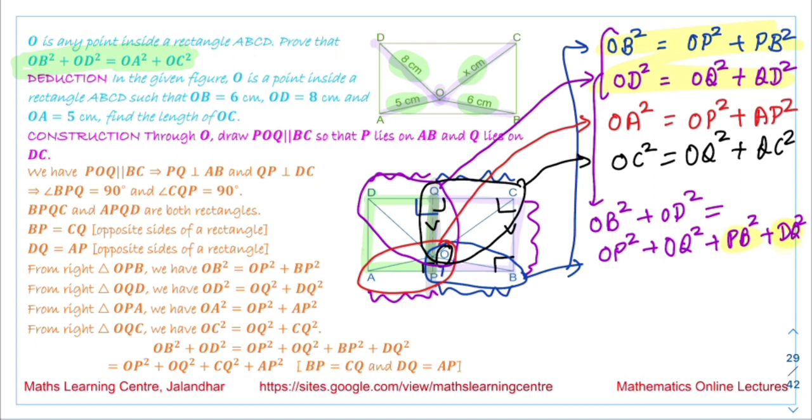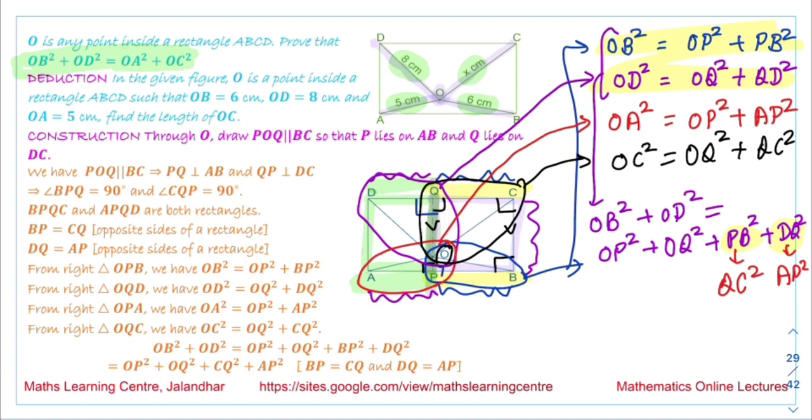This is PB and DQ, and we have seen that PB is equal to QC. So in place of PB we can write QC square, and in place of DQ, which is equal to AP, we are writing AP square.